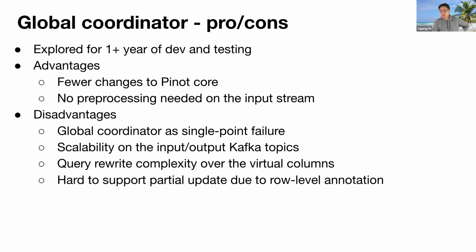And this is not only for one table, it's for basically all the tables across the cluster. This becomes a scalability bottleneck because of this central coordination and information collection. There are other challenges, like adding query writing complexity, and therefore becoming a blocker to adding partial update, which is another feature we want to support on our roadmap.